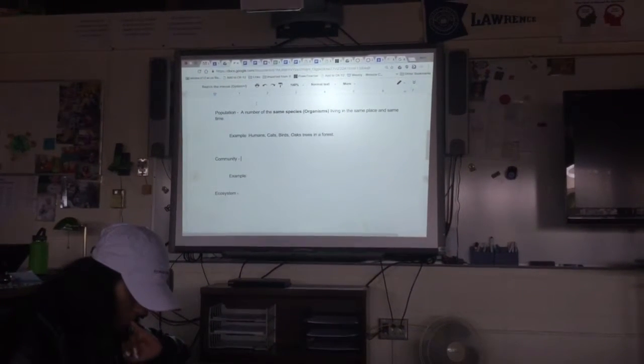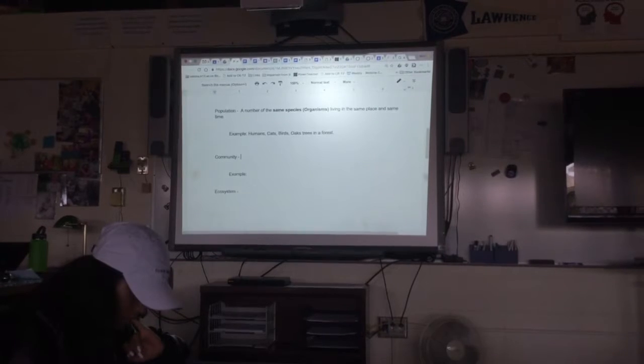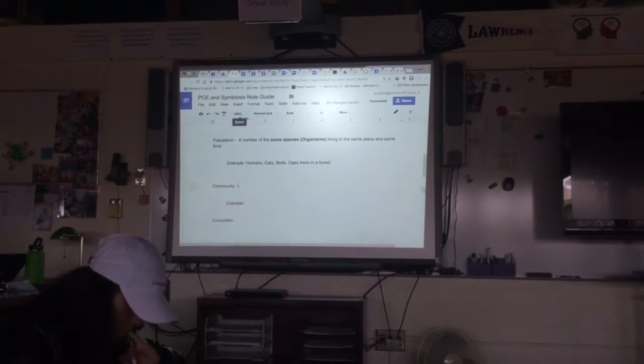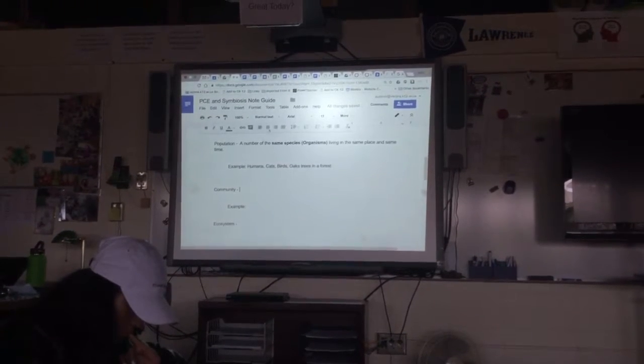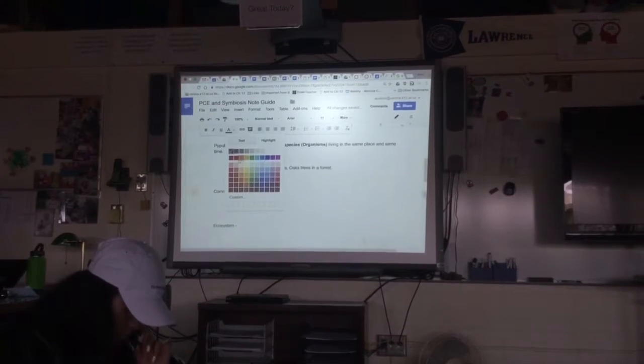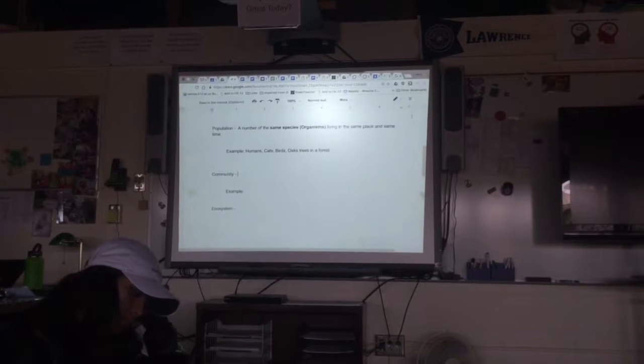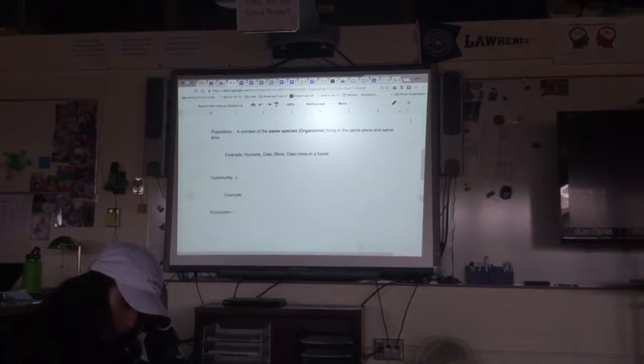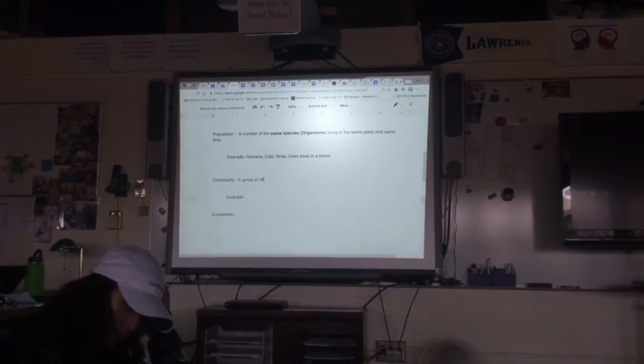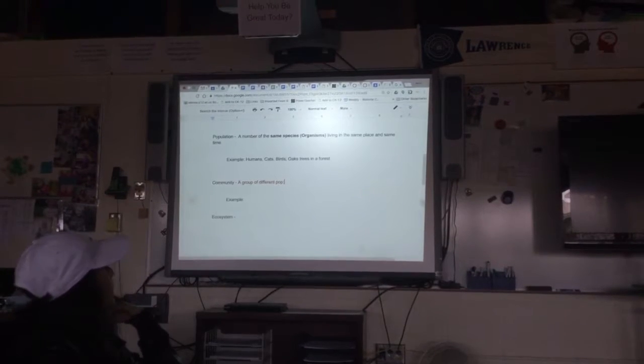Now when we get to a community, text color is red. A community now is a group of different populations.